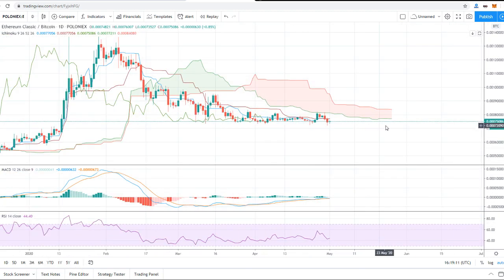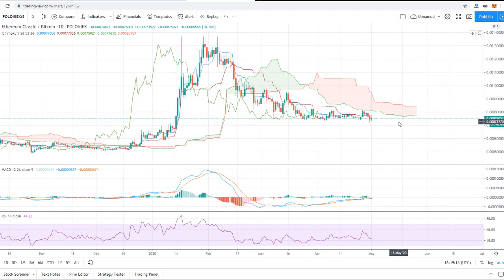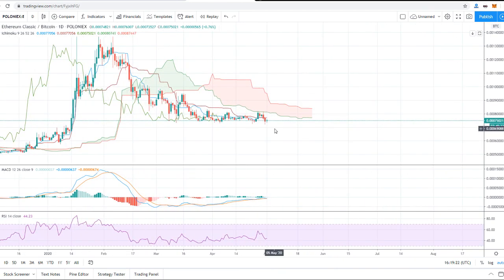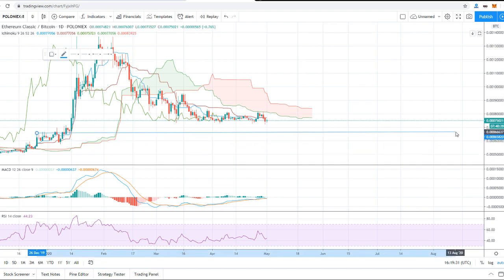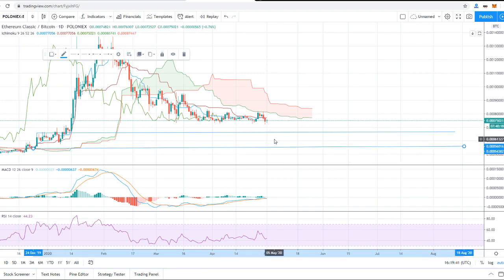So yes, right now I am short term bearish on Ethereum Classic, but long term I'm even more bullish than ever because we will have Ethereum Classic in this range again, 0.0066, and I'll be buying Ethereum Classic in this range.